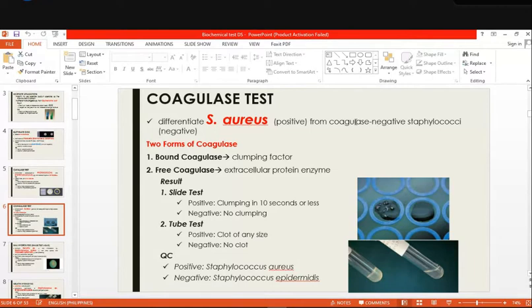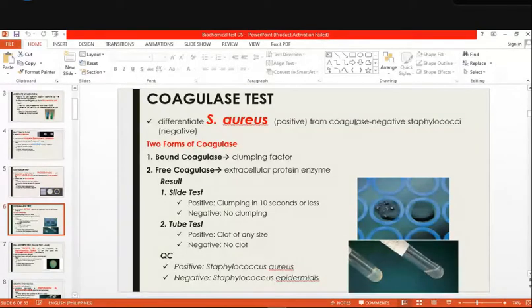Now, what happens with our free coagulase? If the slide test is negative, will you say it is coagulase negative? Do you stop at the slide test? Wilson, do we stop at the slide test? We said there are two, the bound and the free.